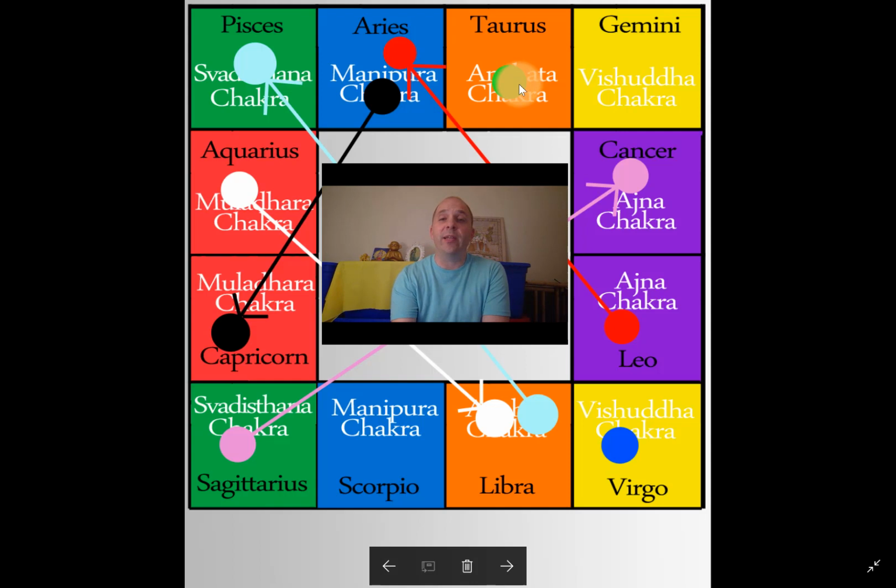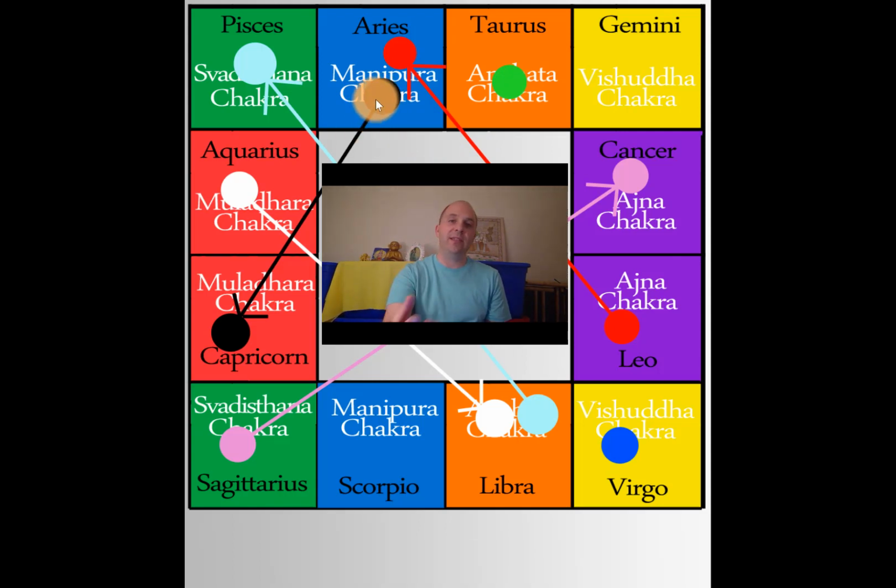So now the third planet in the natural order of the planets is Mars. So where do we see Mars? Mars here is this black dot. Mars, his moolatrikona energy is in this masculine half of the Manipura chakra, which, like I said earlier with the sun, is that ability to go and take charge and have effort and initiative and to utilize our will. And so where is that will best expressed?